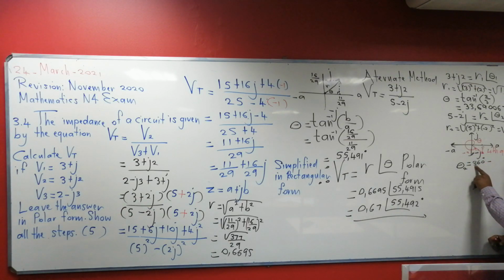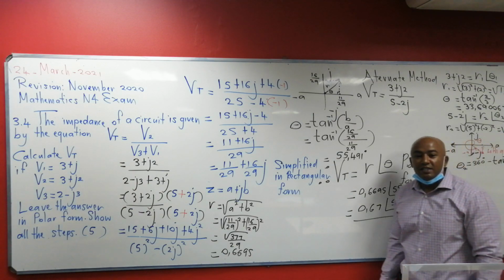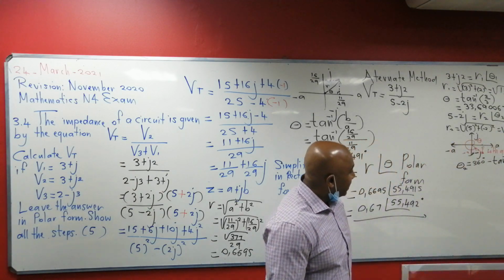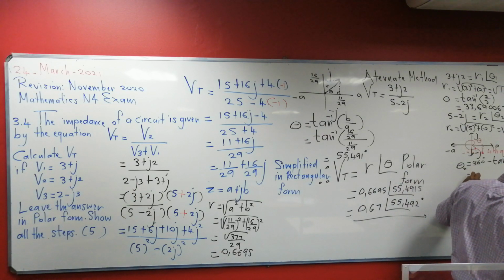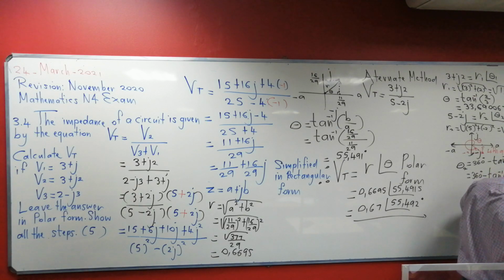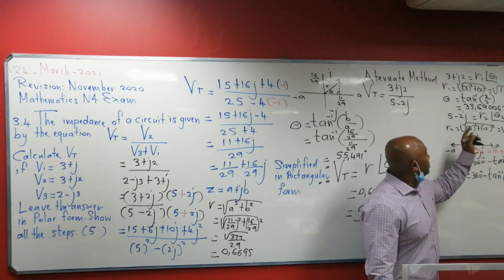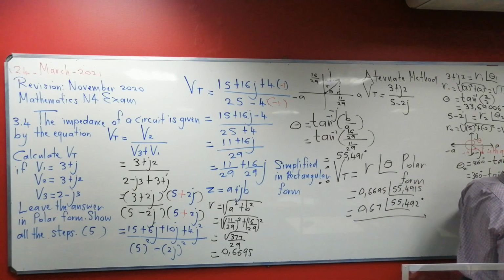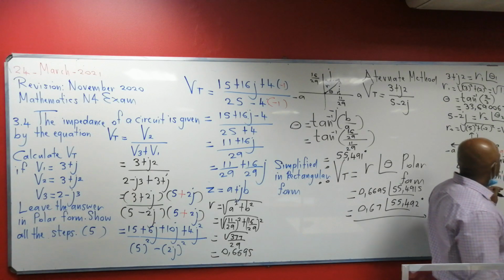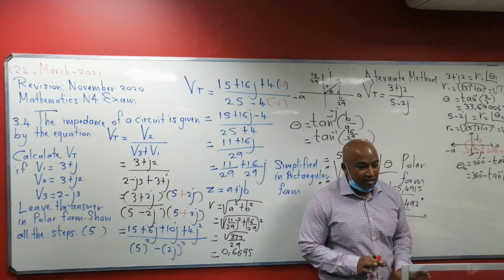So you're going 360 degrees minus inverse tan of b over a, positive, positive. If you're using 360 degrees, when we are in the calculator, you ignore the negative sign. Although it's a negative 2, when you bring it on the calculator, you substitute it as a positive. This 360 minus takes care of that negative sign.